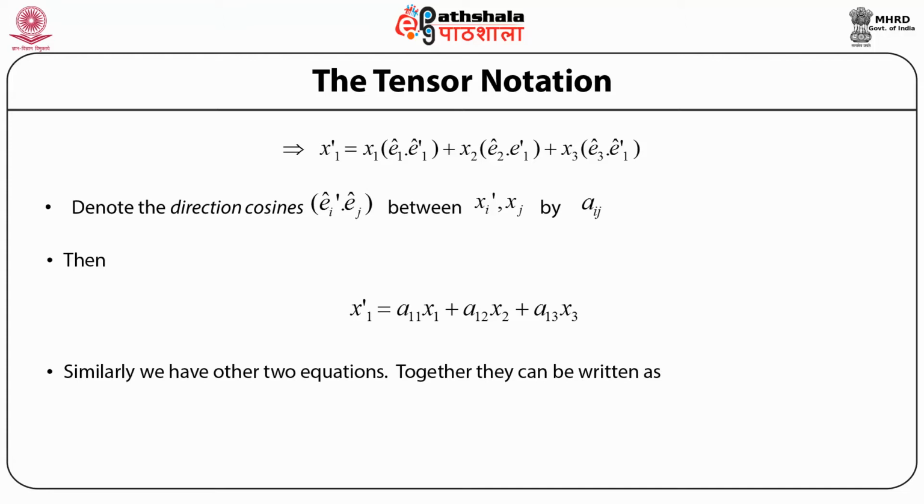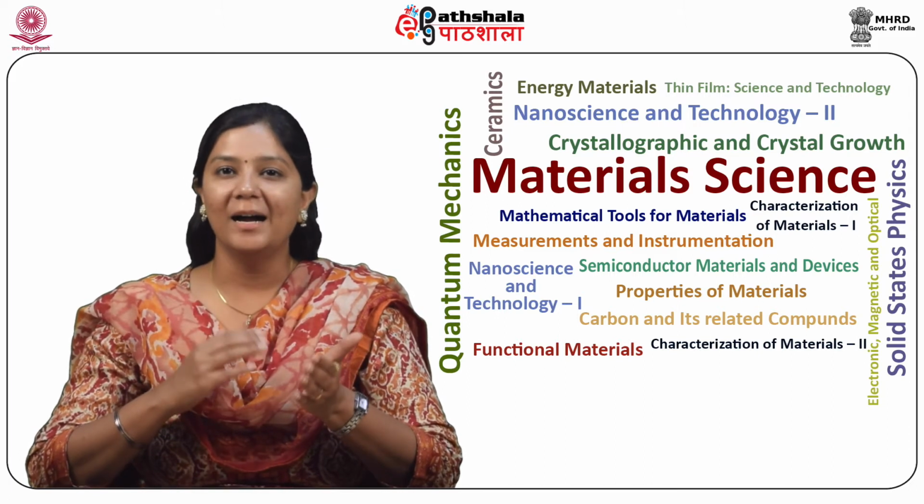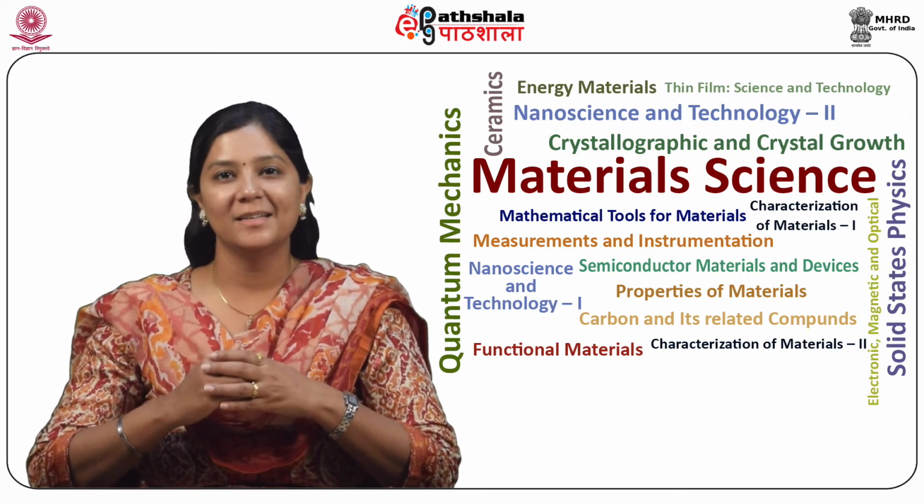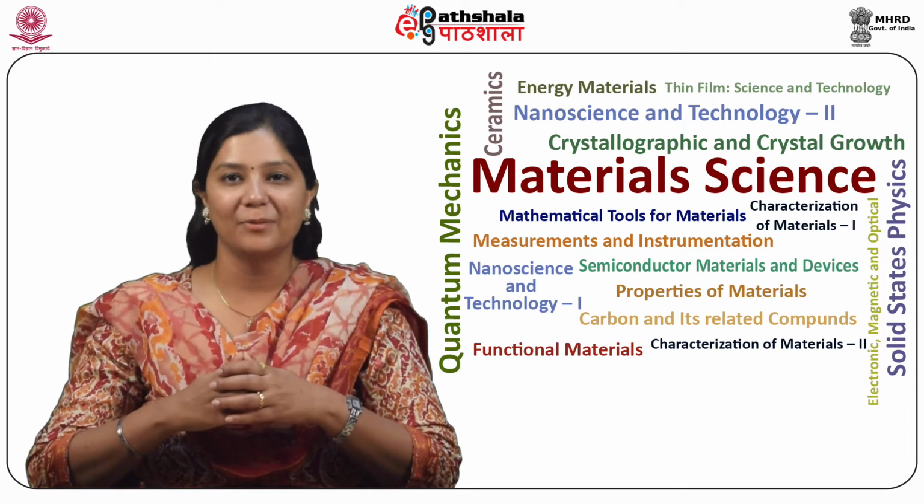Similarly, we have the other two equations also. So together they can be generalized as xi' is equal to the summation over j equals 1 to 3 of aij xj. The transformation from the unprimed to the primed coordinate system is a linear homogeneous transformation.